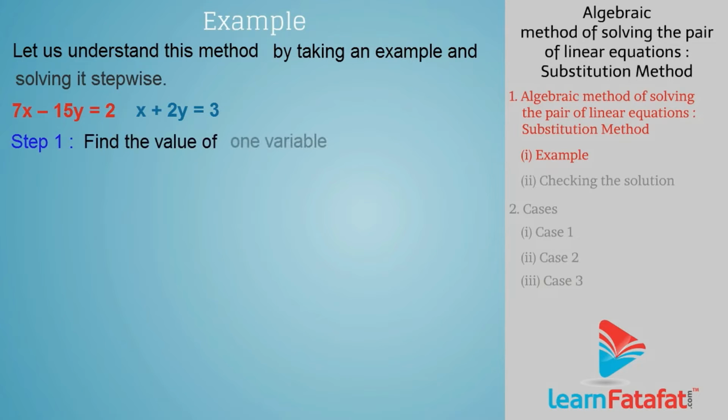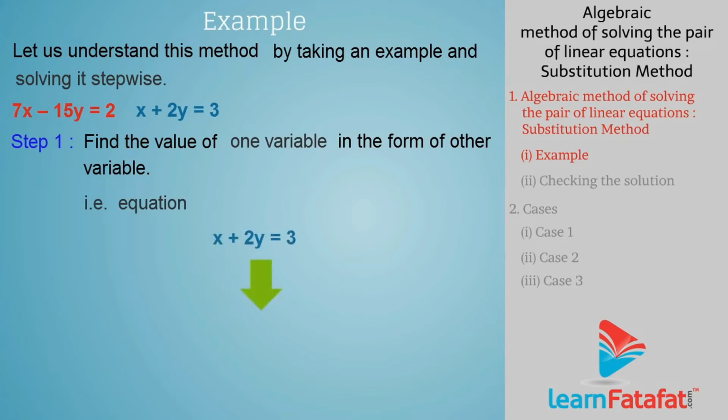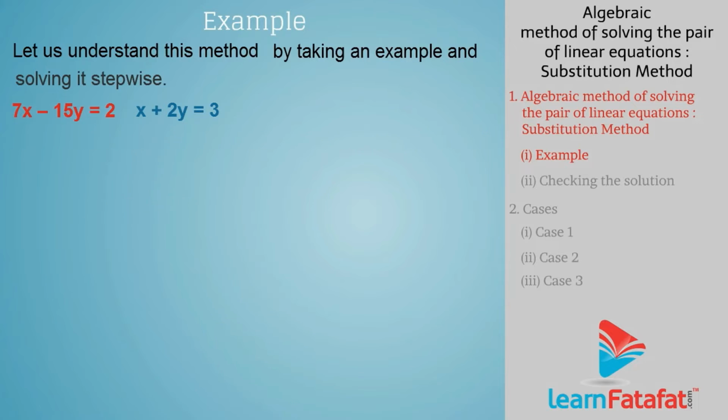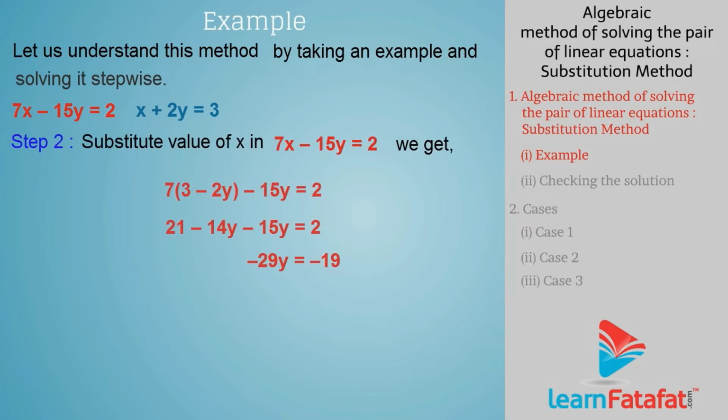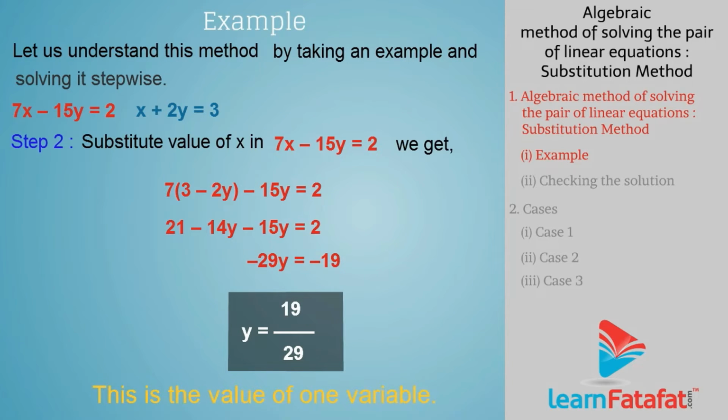Step 1. Find the value of one variable in the form of the other variable. That is, the equation x plus 2y is equal to 3 can be rearranged as x is equal to 3 minus 2y. Step 2. Substitute this value in 7x minus 15y is equal to 2. We get y is equal to 19 by 29.